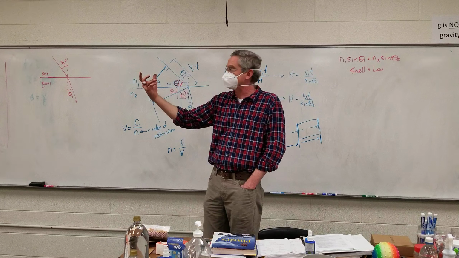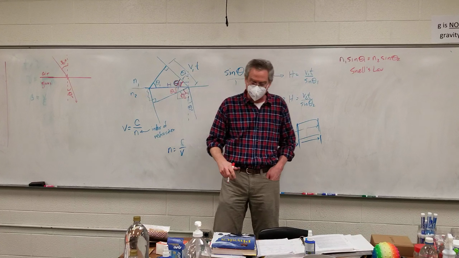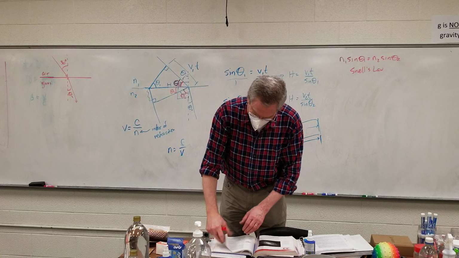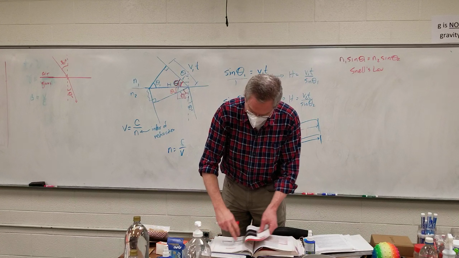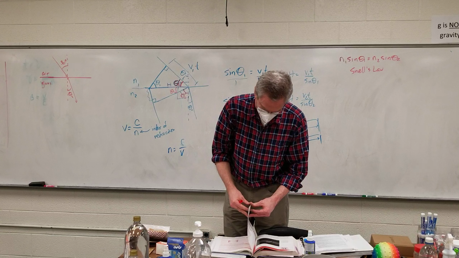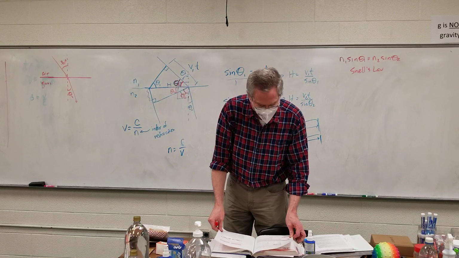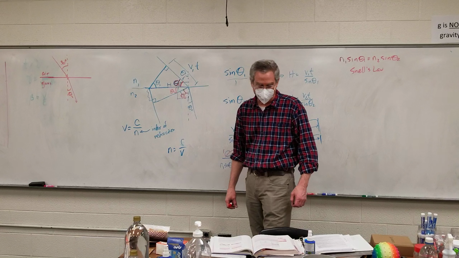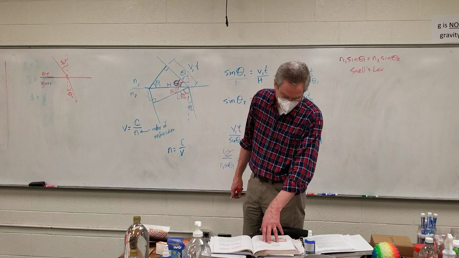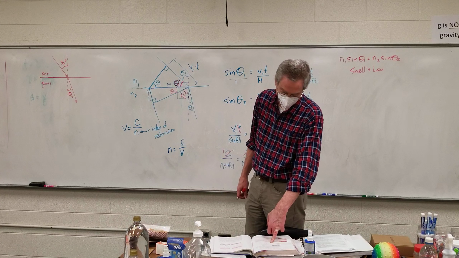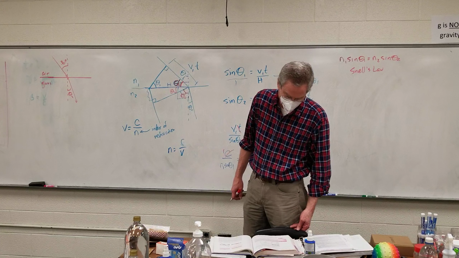Well, you need to know the index of refraction of air and the index of refraction of glass. The textbook comes in handy here. Page 680 in the book, or make a note if you don't have the book with you. Table 35.1 gives you the index of refraction. Notice that glass has more than one, depending upon the type of glass it is.